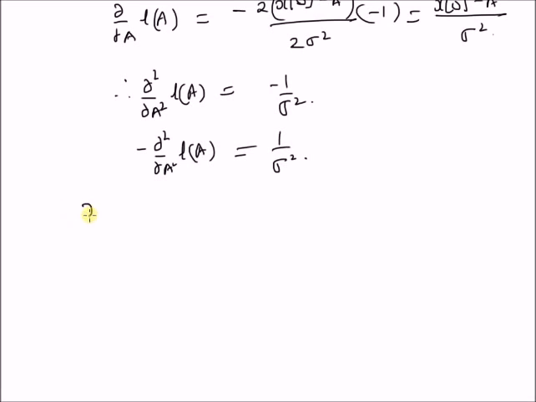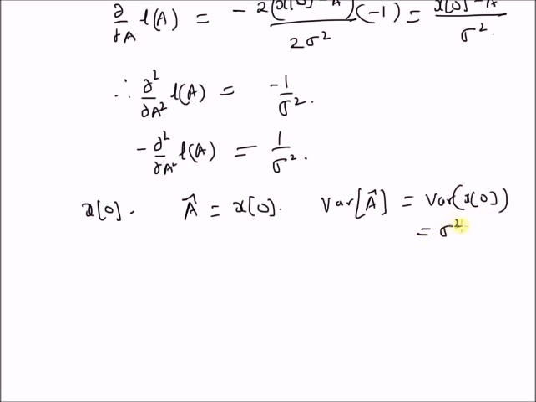And for a single observation x[0], the estimate is the observation itself, and therefore the variance of the estimator A hat is the variance of the observation, which is equal to sigma squared.